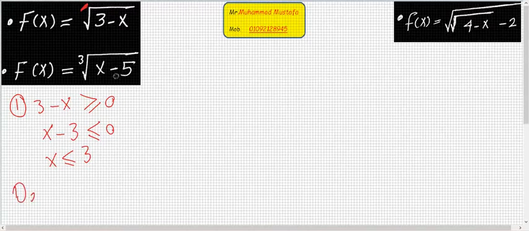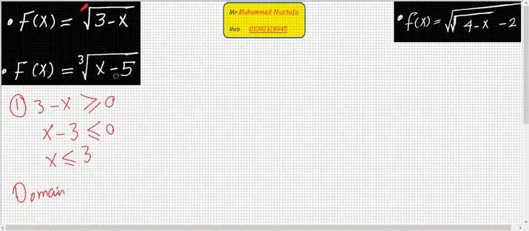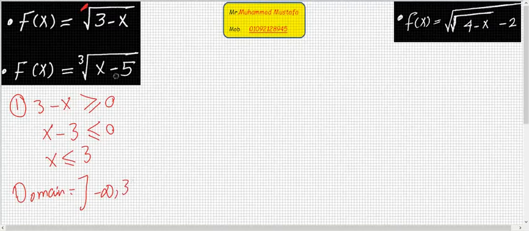Then the domain of the function is from negative infinity to 3, and 3 is closed because 3 belongs to the domain. Number 2, cubic root.